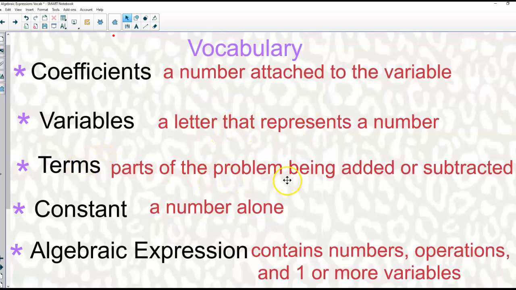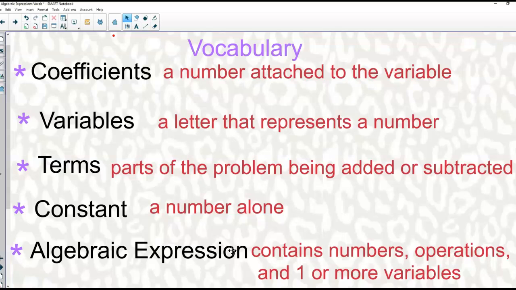The terms are the parts of the problem being added or subtracted. Your constant is the number alone. And then finally, the big overarching thing we're talking about is algebraic expressions, and they contain numbers, operations, and variables. And I think we saw that today.